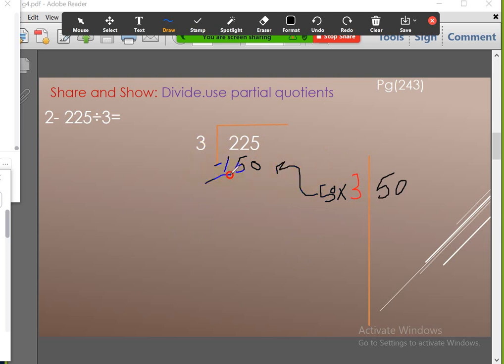Now I will subtract. 5 minus 0 equals 5. 2 minus 5, I have to borrow from the 2, it will be 1, and this 2 will be 12. Now 12 minus 5 equals 7. Now 1 minus 1 equals 0. So 75. Can I divide 75 by 3? Yes, I can.